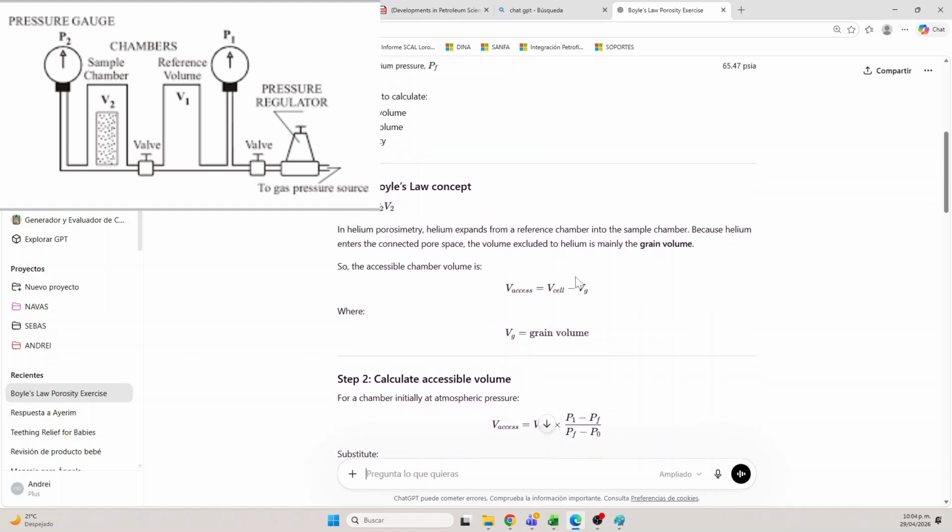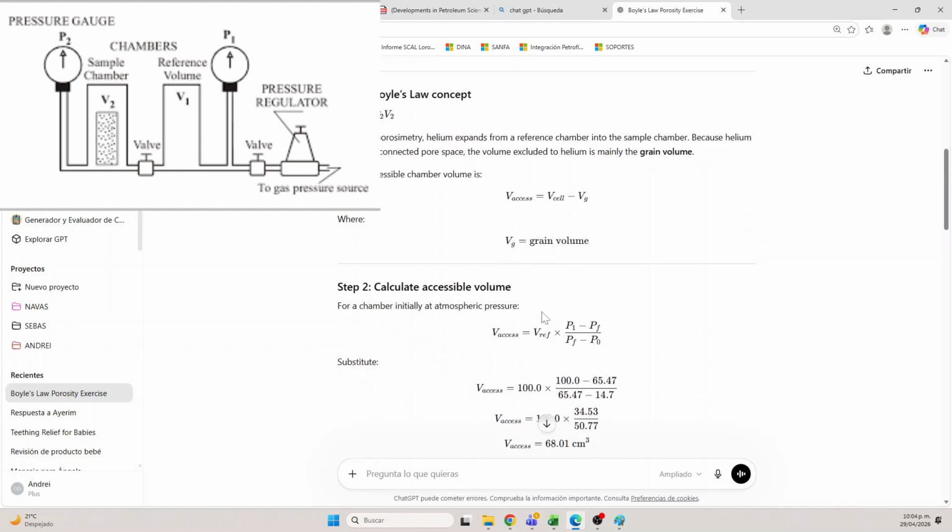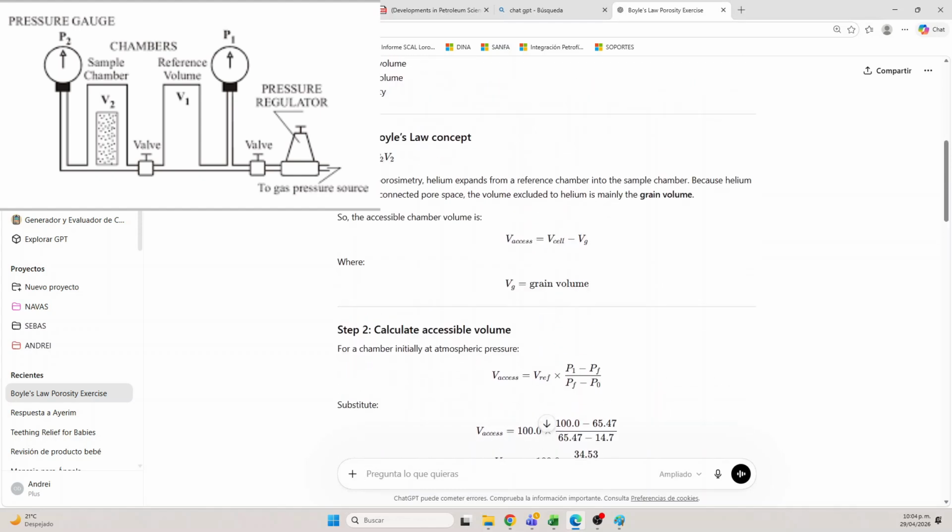So if we clear this equation, V grain is going to be V cell minus the accessible volume, right? We already have V cell, but we need to calculate the accessible volume. So how can we calculate it?